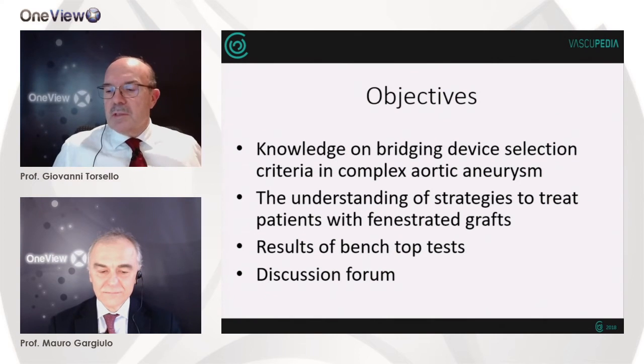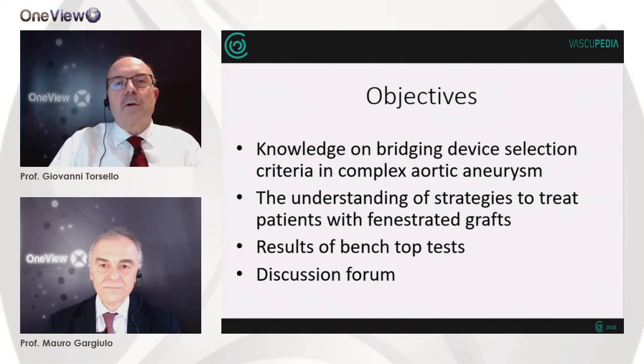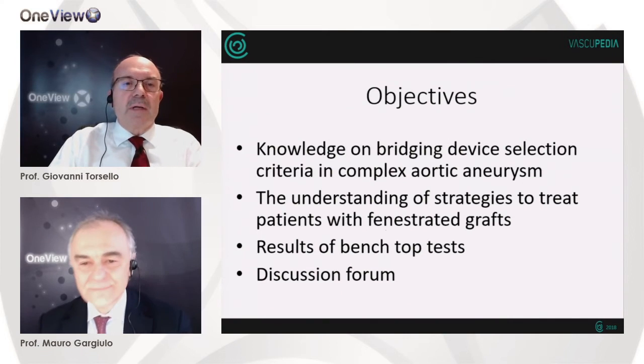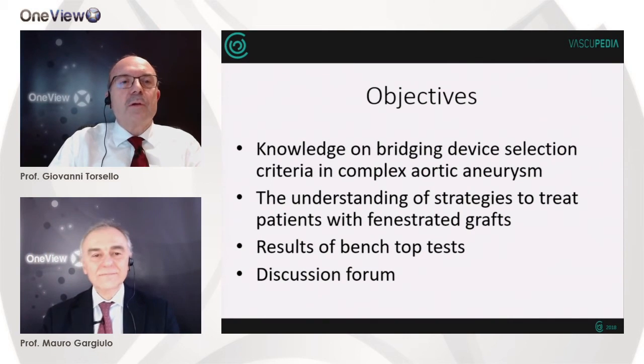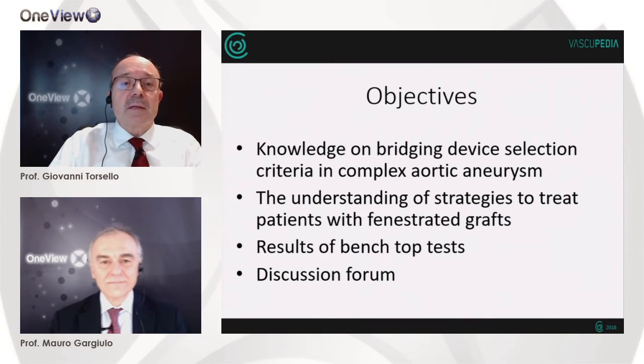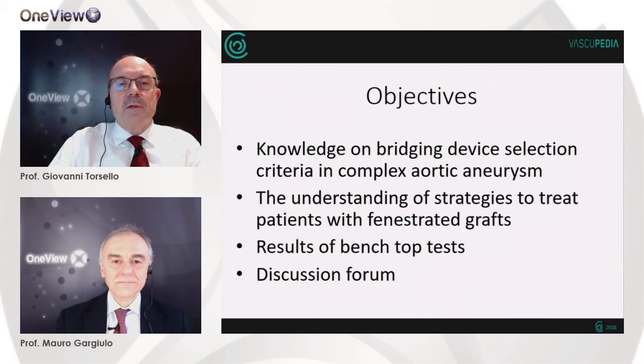As I mentioned, we would like to discuss about the best practice in the treatment of complex aortic disease, sharing the actual knowledge on bridging stent grafts. We have a newcomer during the last months and the 2 years, and we would like to better understand the strategy.